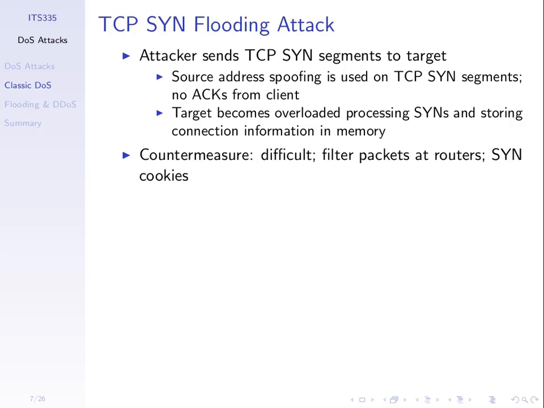If we receive millions of SYN packets from a particular source, then don't let them in. But we'll see that there are problems with filtering packets. So TCP SYN flooding was one of the earlier, or one of the main denial of service attacks in the early days. It's not so common today because of the filtering and because of some of the countermeasures like SYN cookies which are used. There are limits on the number of SYN messages received.